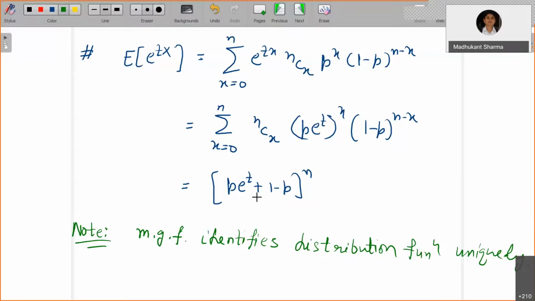There are two things: n is getting too large, and the probability of success is getting small. Why? Because if you look at the expectation of the binomial random variable, that is n times p. When n is going large, the probability of success is small, so that the expectation remains finite. That is what we require.